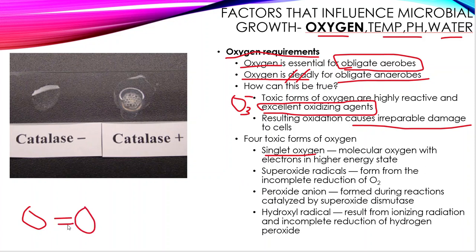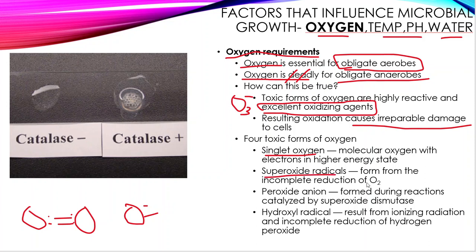They each share a pair of electrons. This is one, and this guy needs 2 electrons. He's got 6 electrons and of course 6 protons, so he's balanced. But he is electron hungry, so he's going to grab stuff.